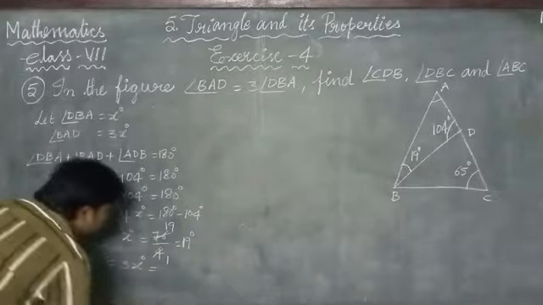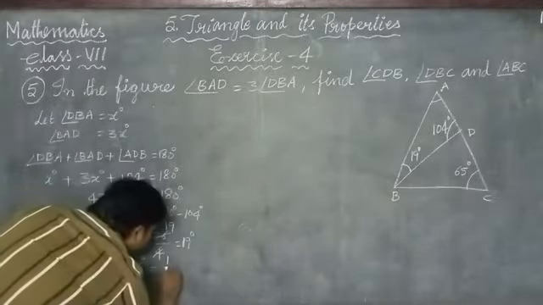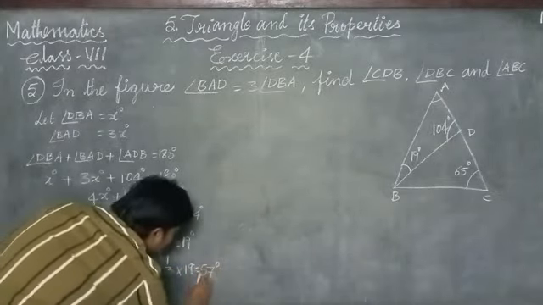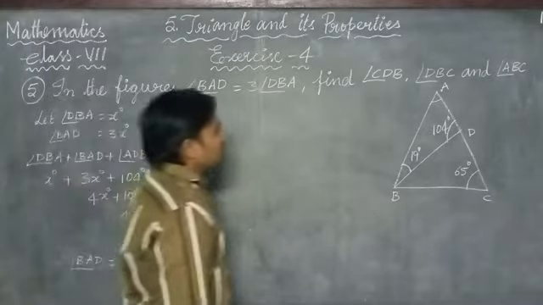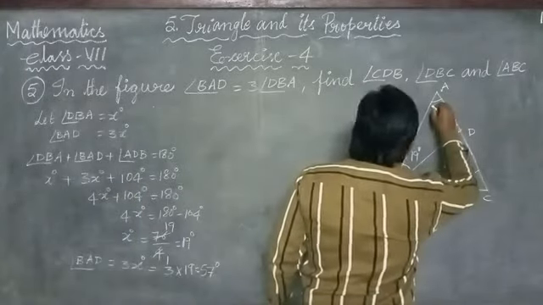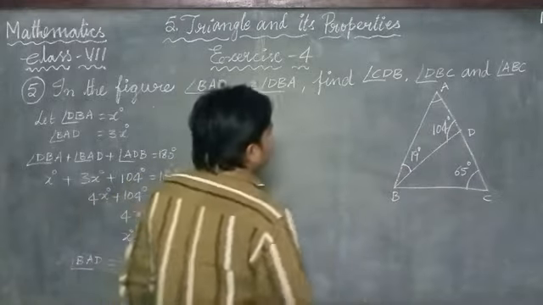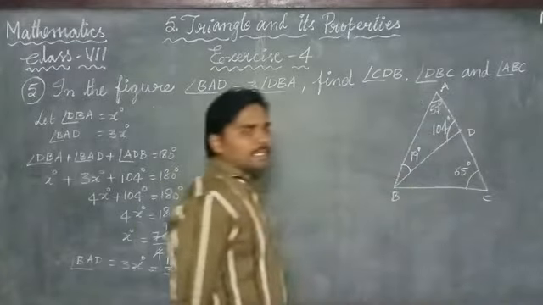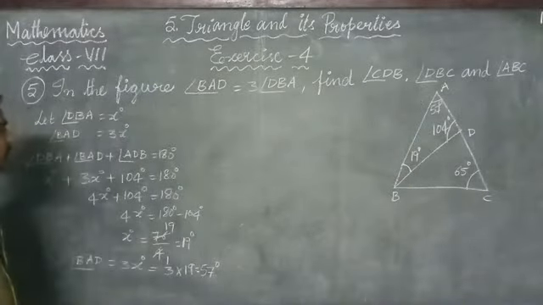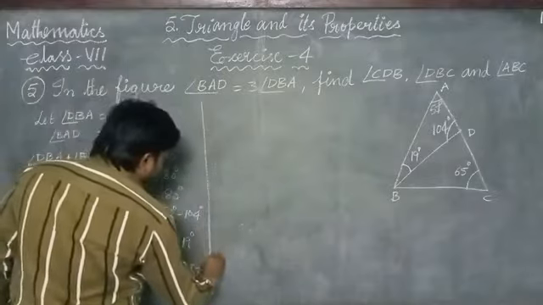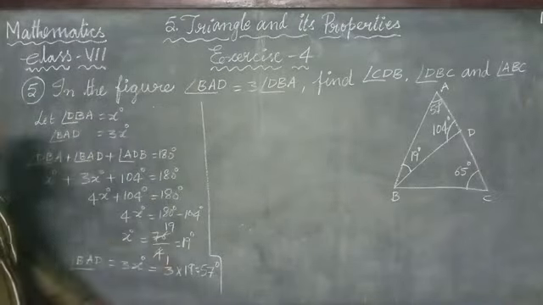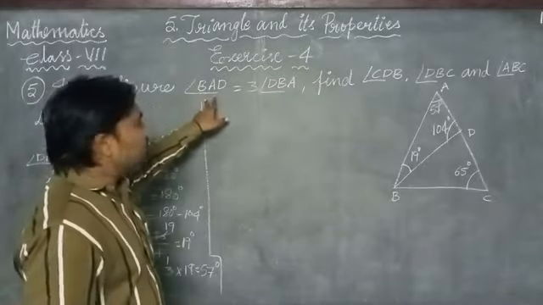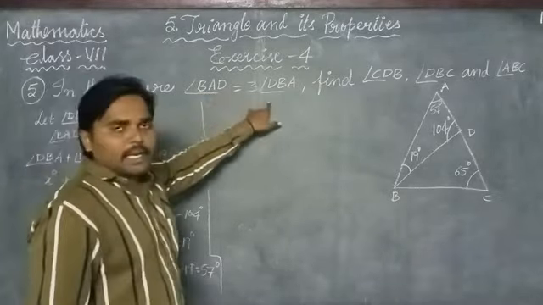Here we got the x value, x is 19 degrees. Then 3 into 19 equals 57 degrees. So angle BAD is 57 degrees. Like that we can find the angles in triangle ADB. Here we have found angle BAD and angle DBA.